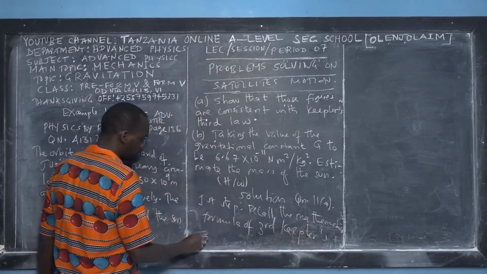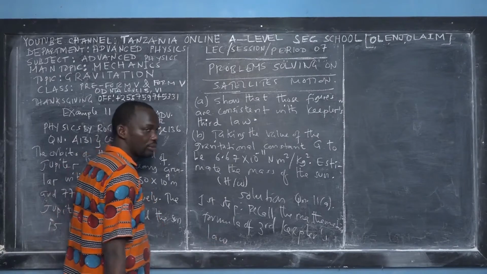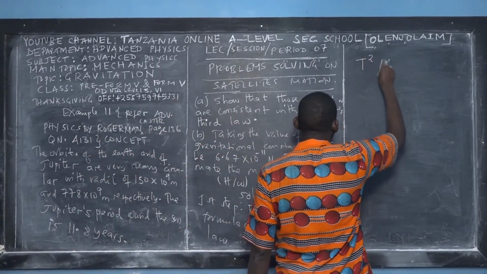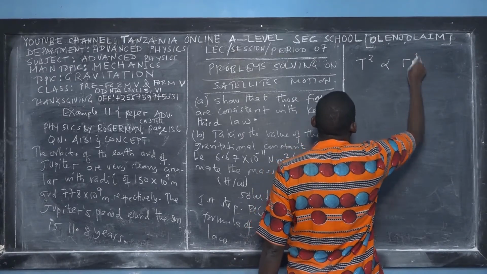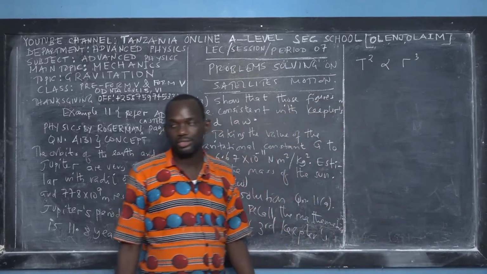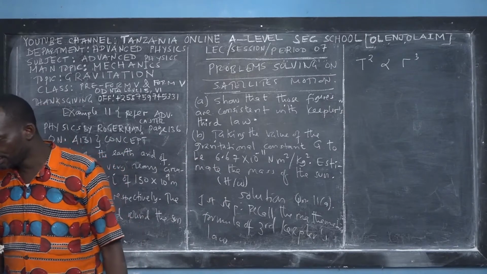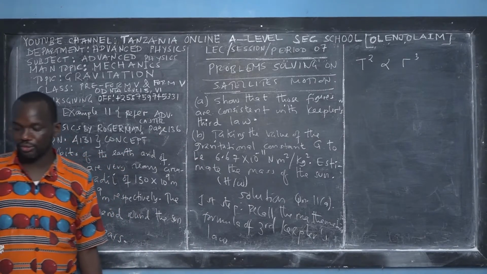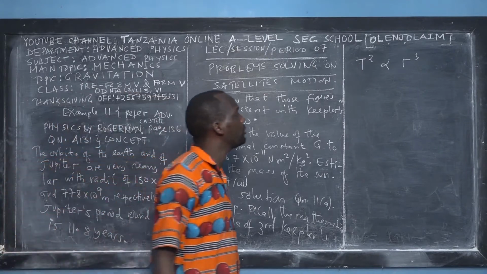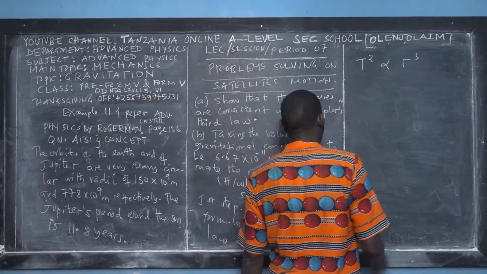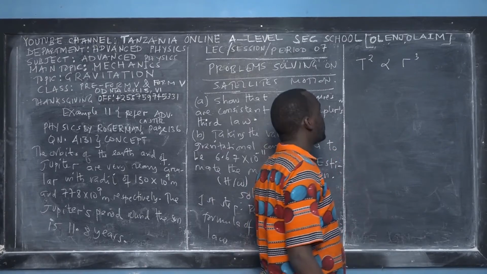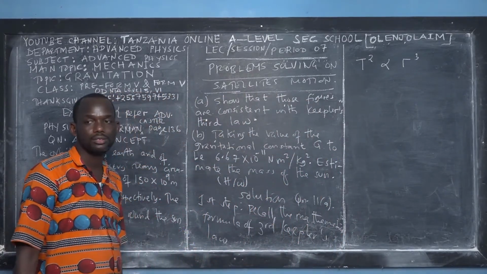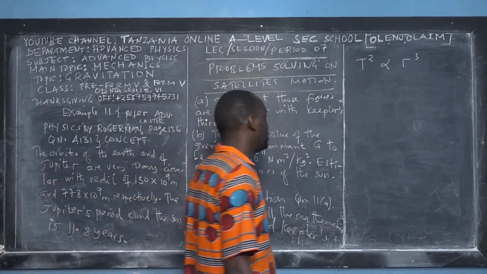Kepler's law says that the square of the period is directly proportional to the cube of the mean distance. Right? That's what we have discussed. The square of the period of the planet is directly proportional to the cube of the mean distance between the centers.